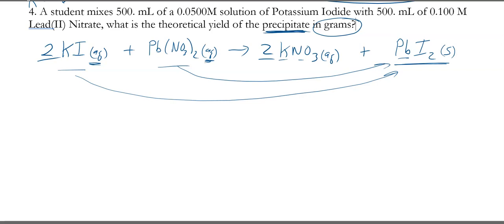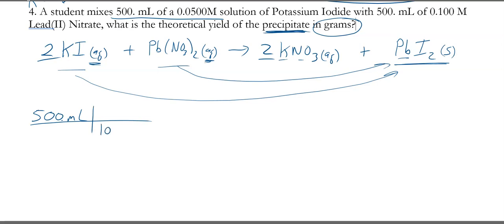For the potassium iodide, I have 500 milliliters of a 0.05 molar solution. So I'm going to start with the 500 milliliters. That's my known here. And I also know the concentration is 0.05 moles per 1,000 milliliters of solution, or 1 liter, same thing.